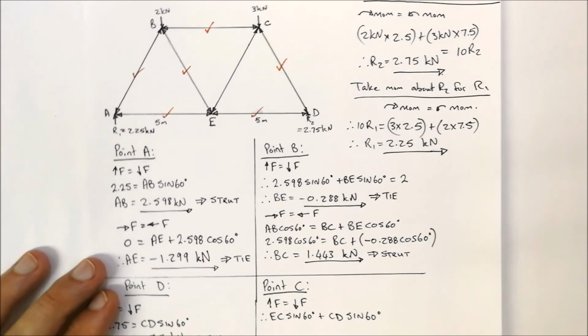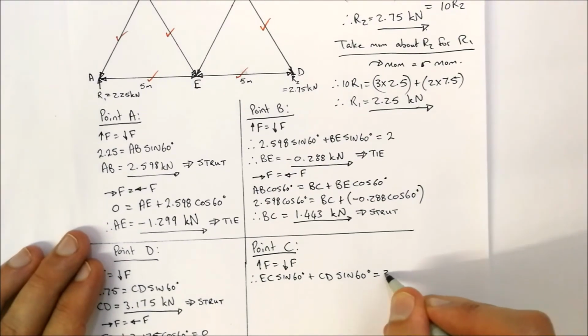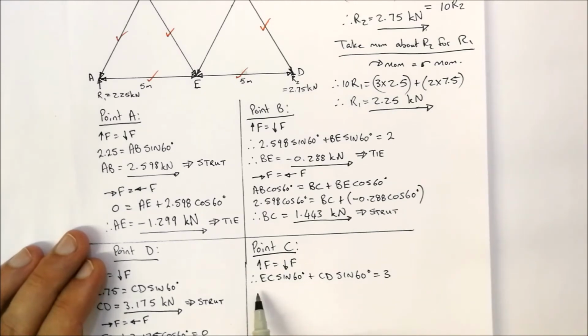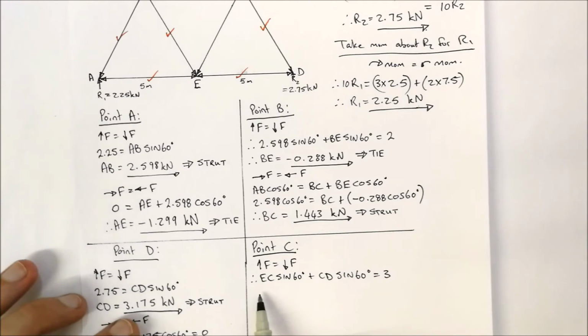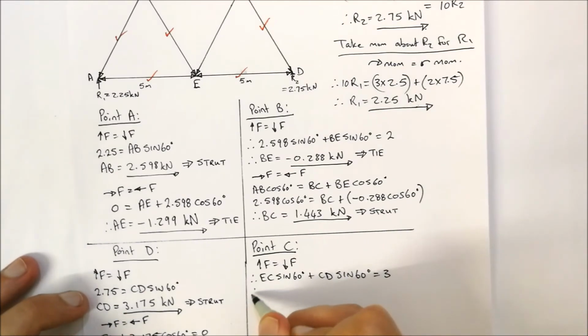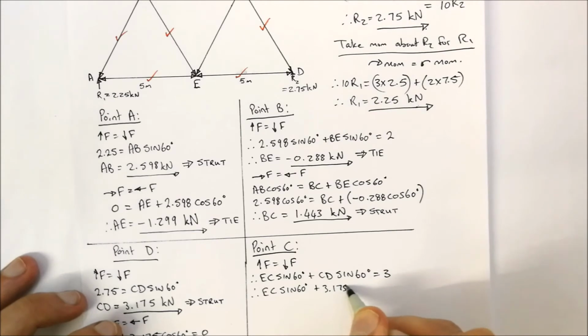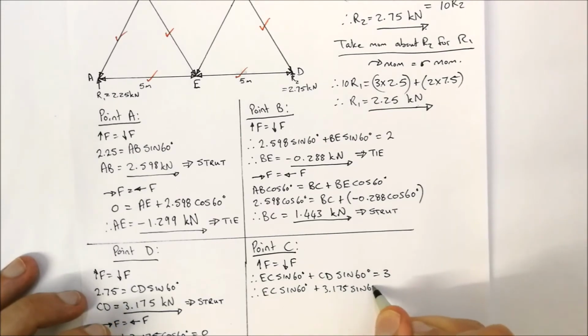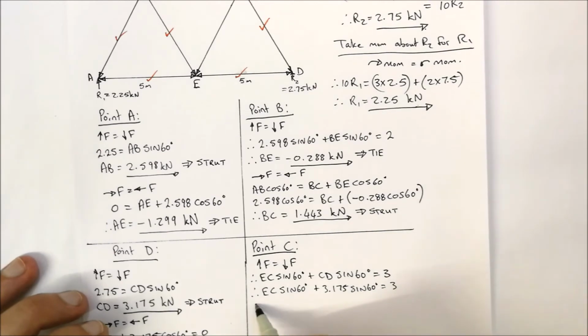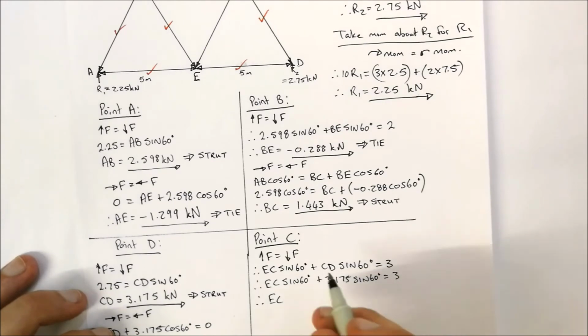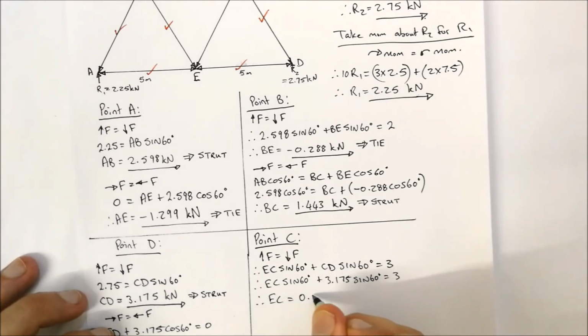That's the only force going downwards, so that's equal to 3. Now I know that CD is equal to 3.175. So therefore EC sine 60 degrees plus 3.175 kilonewtons sine of 60 degrees is equal to 3. Now I make EC the subject of the formula, and I get an answer of 0.289 kilonewtons.